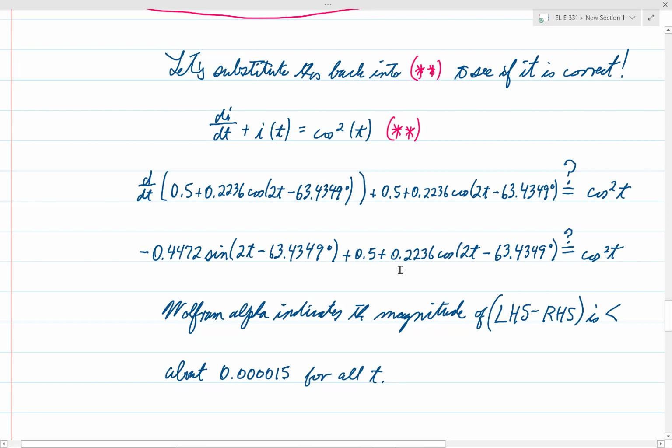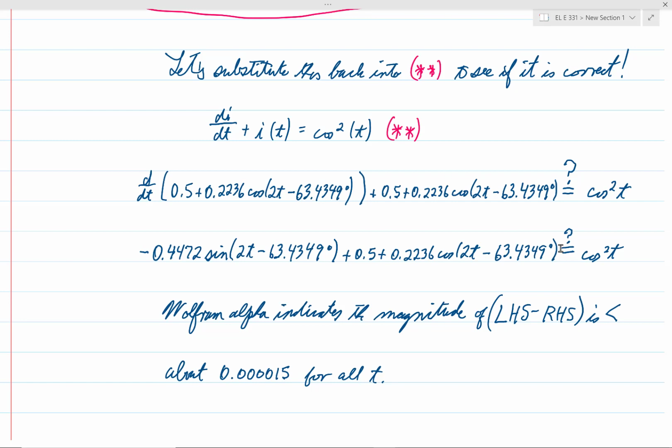Now, certainly just looking at this, you really can't tell. So what I did was I went to Wolfram Alpha and entered all of the stuff on the left-hand side, and then I subtracted from that the right-hand side. I subtracted cosine squared t from it, and then had Wolfram Alpha simplify that. When you type in a function like that, it will plot the function.